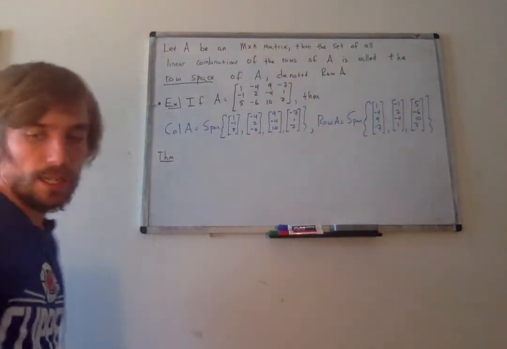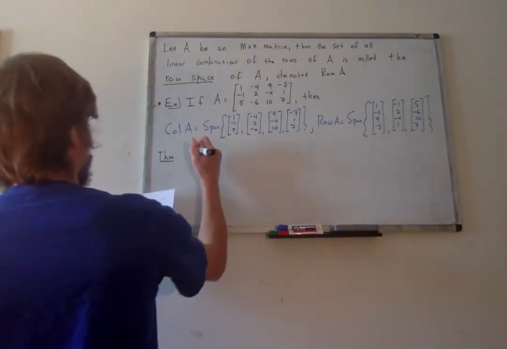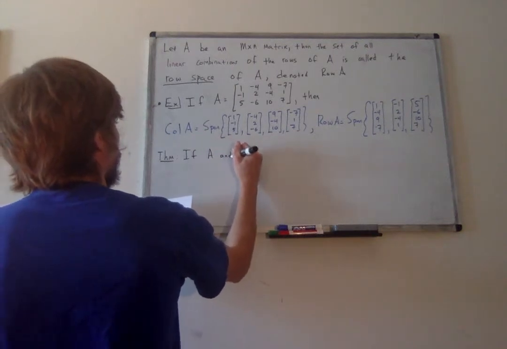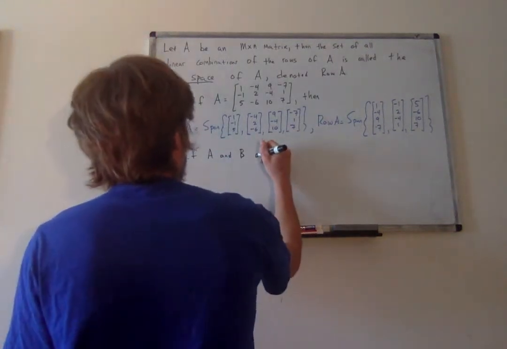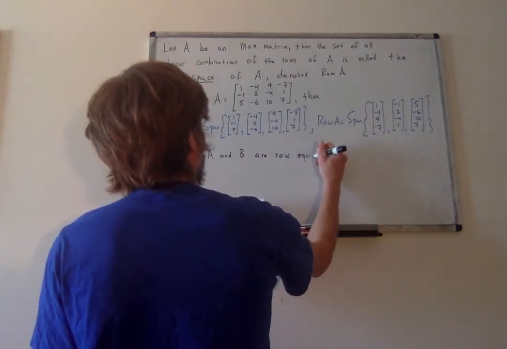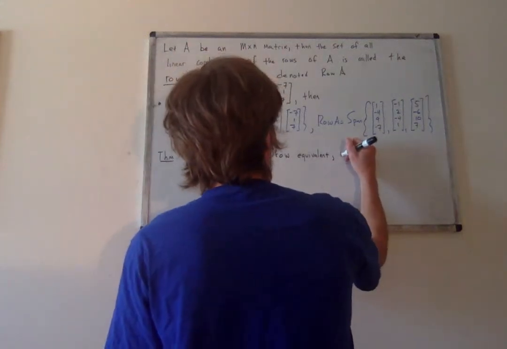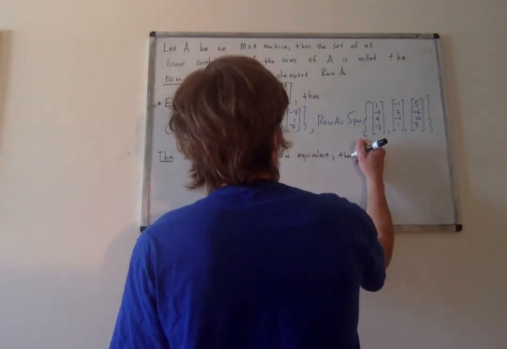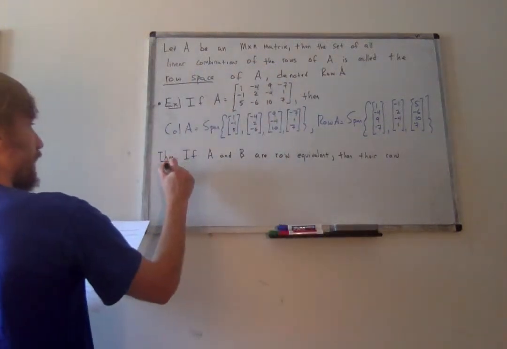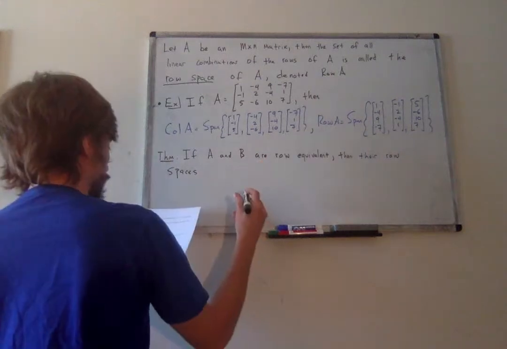And so finding a basis for the row space actually ends up being straightforward with our row operations, because if two matrices A and B are row equivalent, then their row spaces are the same. And that just follows from the fact that, again, we're getting the rows of B by taking linear combinations of the rows of A.